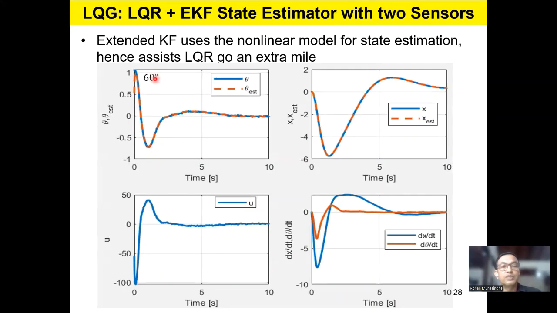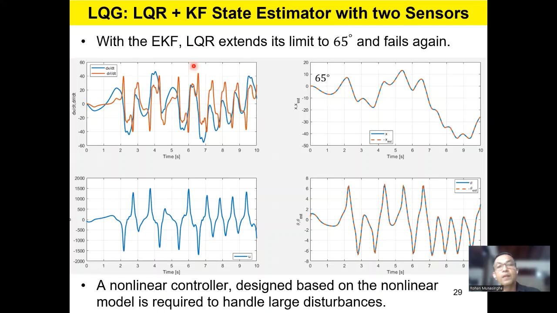So you can go up to 60 degrees. You can stabilize a plant from an angle which is even as big as 60 degrees. But if you go to 65, then you will see even the extended Kalman filter cannot cope with this, because you don't have a proper controller.